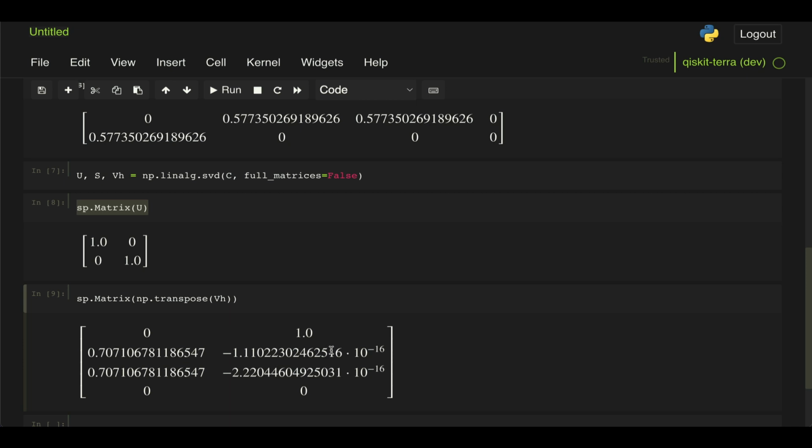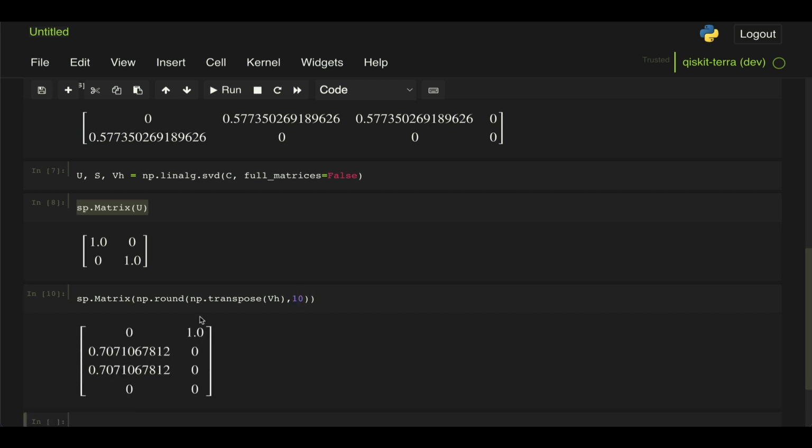And then the second column has a 1, so this will be state 0, 0 because these terms are very small. If we want to see that a little bit better, we can round this to, let's say, 10 significant digits. And here we can see that that second element is just the 0, 0 state.